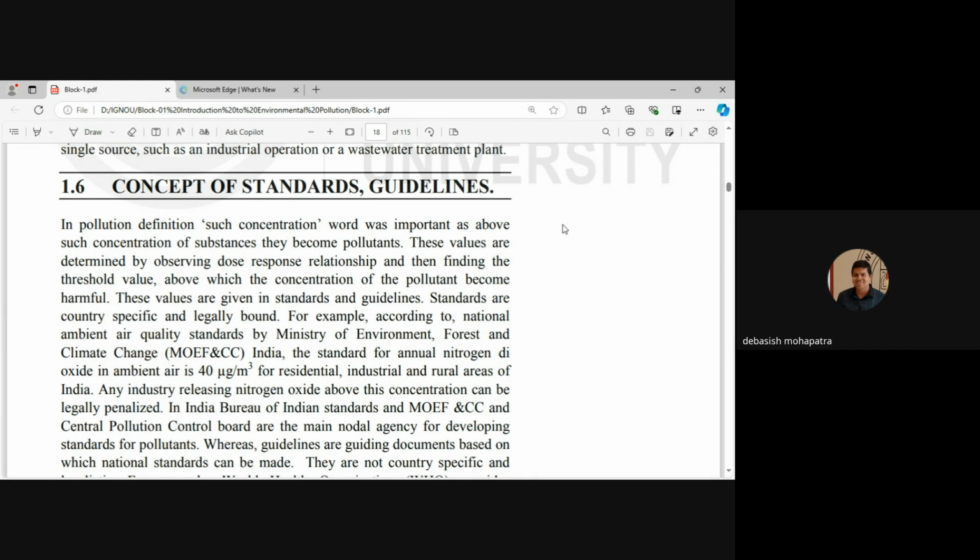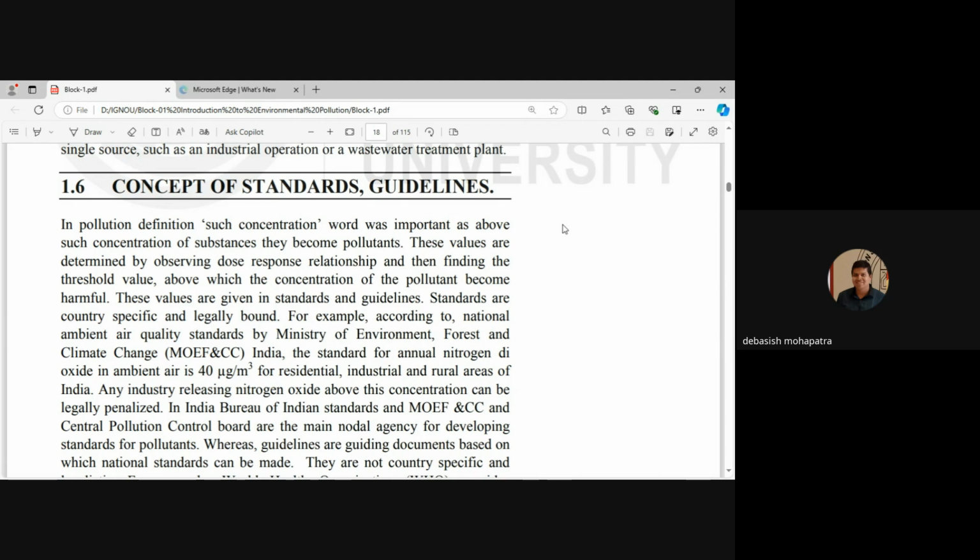So these values are determined by observing the dose-response relationship and then finding the threshold value above which the concentration of the pollution becomes harmful.